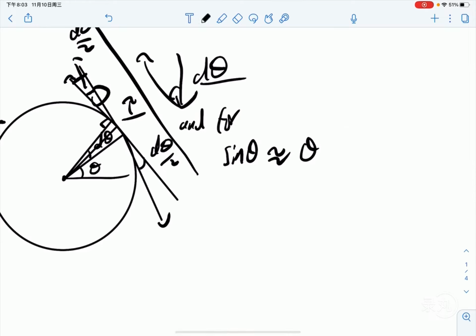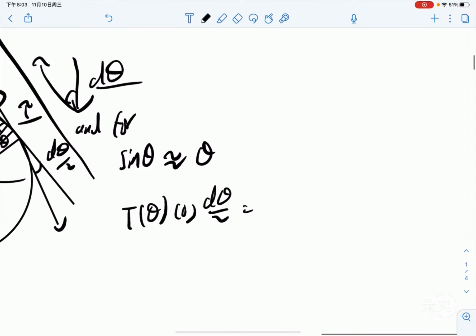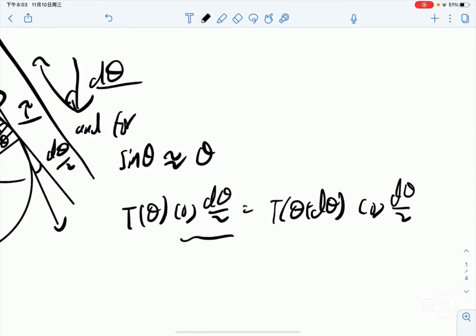This one is tangent. So basically, we have T theta cosine d theta divided by 2 is equal to T theta plus d theta cosine d theta divided by 2. We can see this term just approaching 0 when it is getting very small.